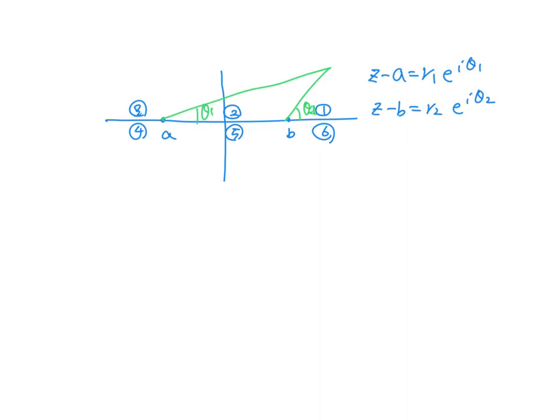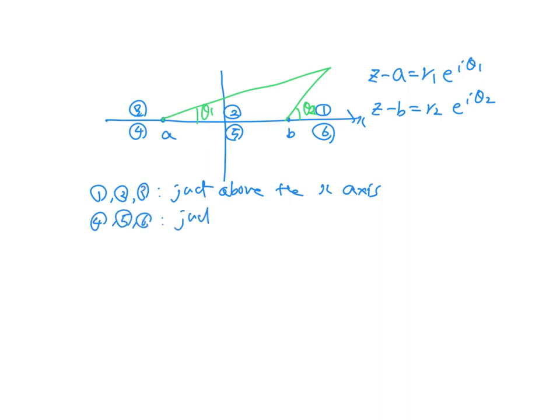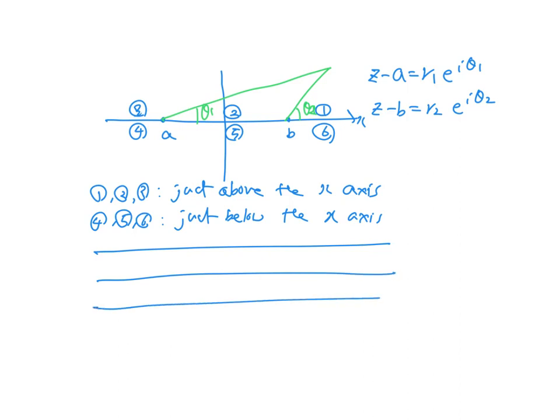So 1, 2, 3 is just above the x-axis, 4, 5, 6 just below the x-axis. So this is your point here.